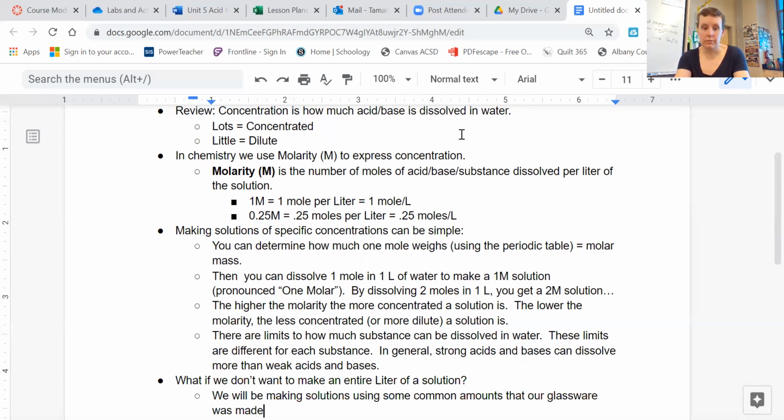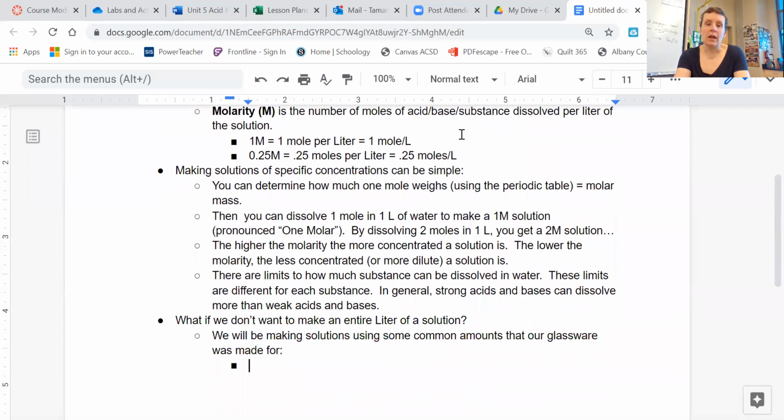You can't just make any amount because we don't have glassware that has every single increment of measurement on it. So we're going to use common amounts that our glassware was made for. For example, 500 milliliters, which equals half of a liter, or 250 milliliters, which equals 0.25 liters, or 100 milliliters, which equals 0.1 liters.